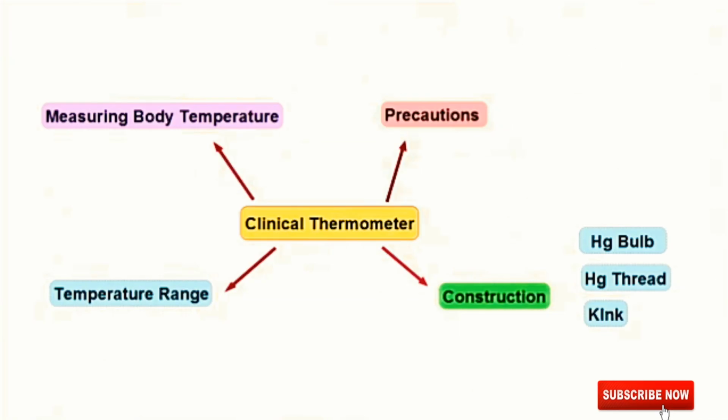So when I look at mind maps, in simple words, it is a graphic organizer where everything is presented graphically with the central theme right in the middle and all associated concepts around it. For example, if you look at this concept map, it's about the clinical thermometer. And what are the things that you see around?